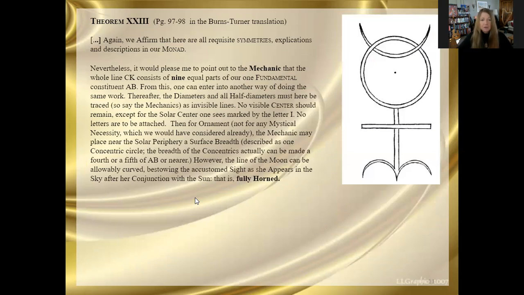Okay, so having gone through that, he will again affirm that these are all requisite symmetries, explications, and descriptions of our monad. And then he says, nevertheless, it would please me to point out to the mechanic that the whole line CK consists of 9 equal parts of our one fundamental constituent AB.